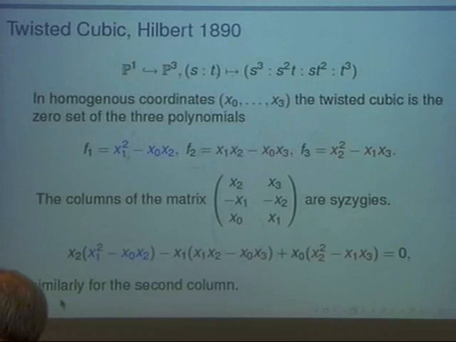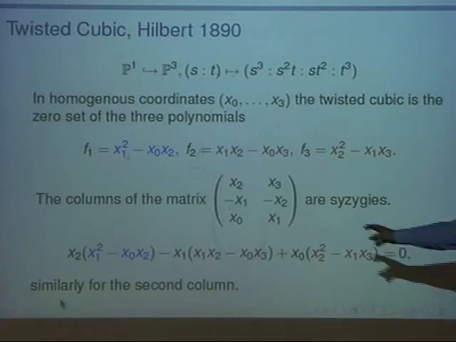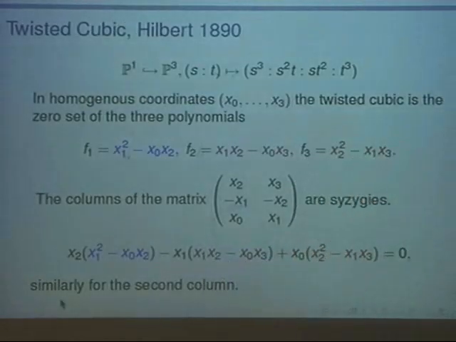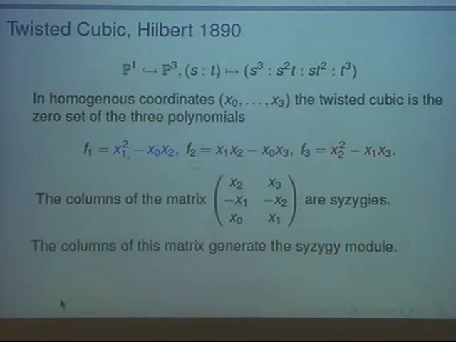For example, x2 times the first equation minus x1 times the second equation plus x0 times the last equation is 0. Let's see the x2 times x1 squared term: the one in the first cancels against the one in the second, and so on. Similarly for the second column. And it's actually true that all the syzygies are generated by the column vectors of this matrix.